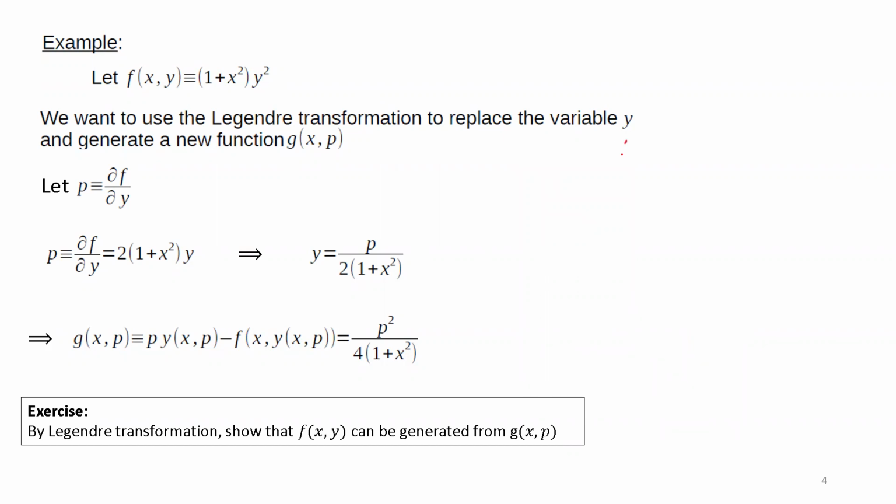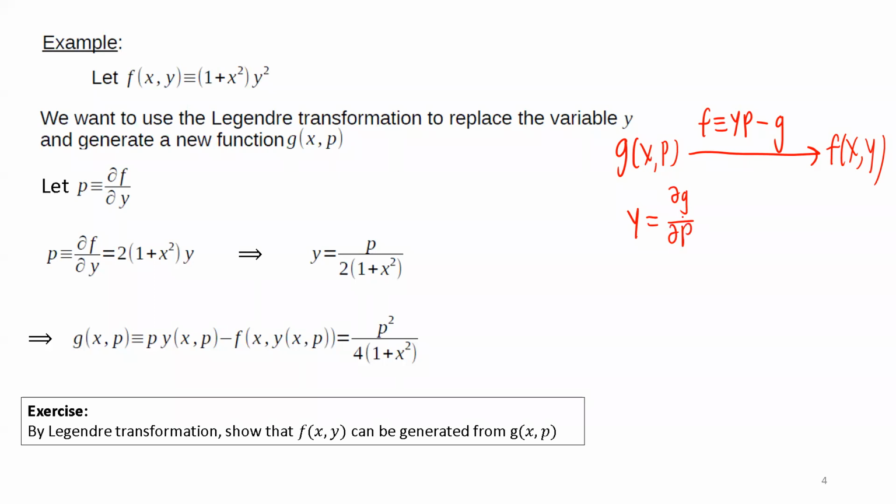Again, just following the same definition, for g of x, p we apply this transform. Now I want to get back to f of x, y from g of x, p. Replace p by y. Also, y has to be equal to this partial g partial p.